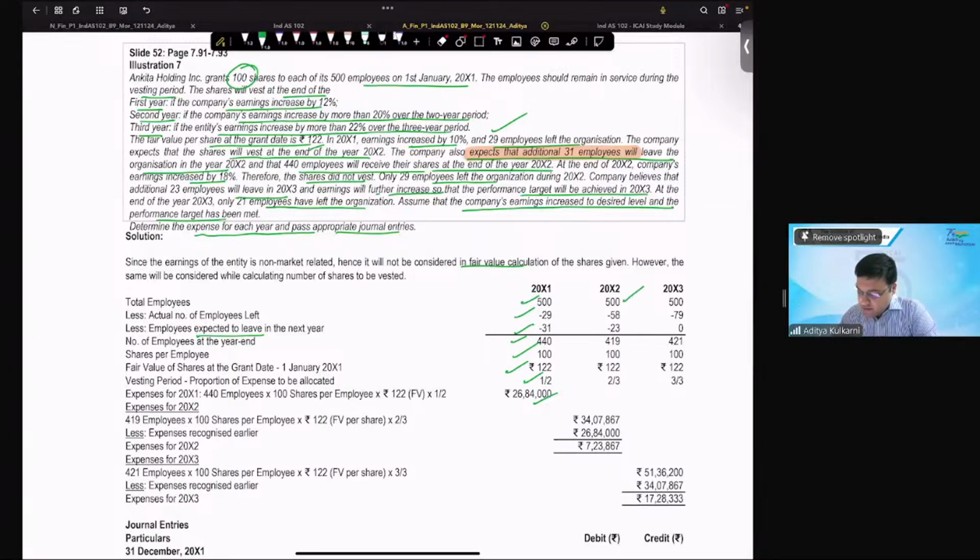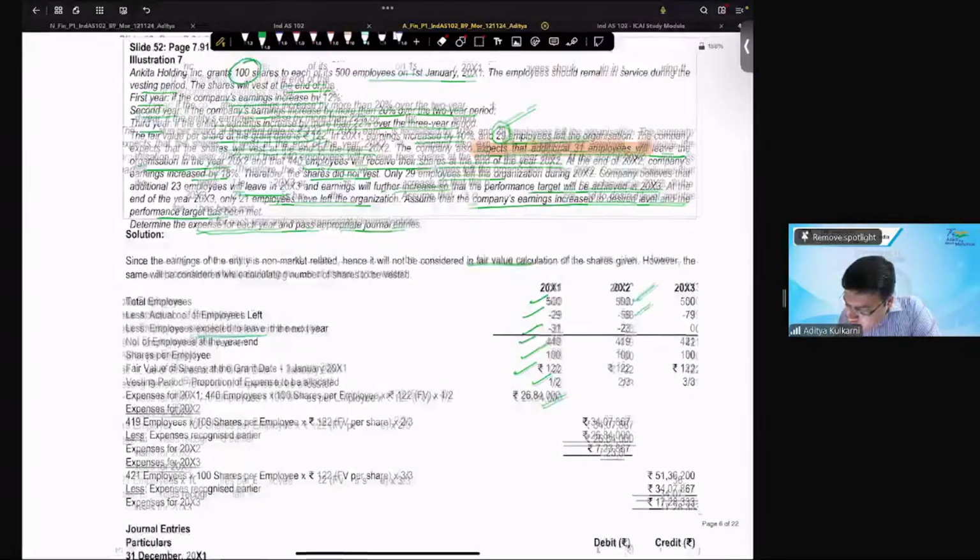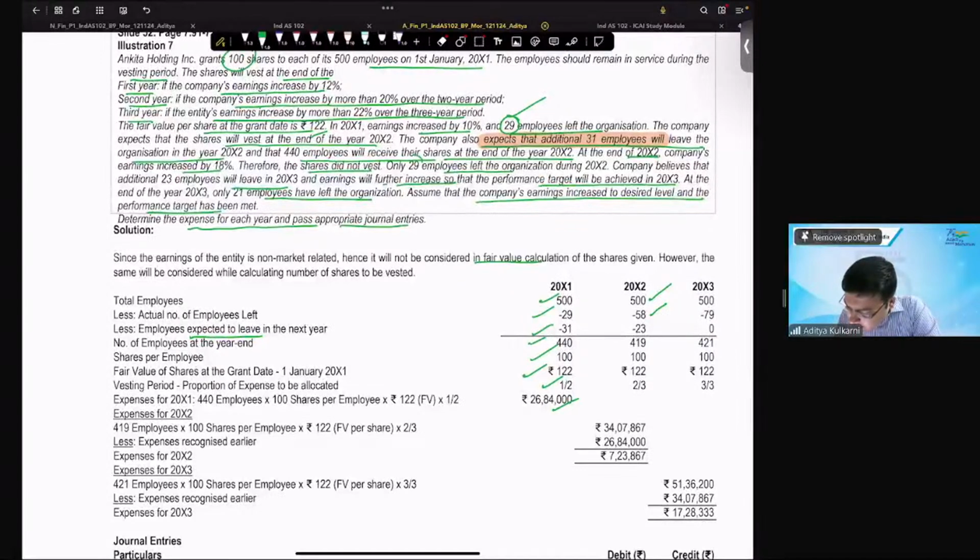500 employees minus 58. How do I get this 58? This 58 is 29 employees who already left in year 1, and at the end of 20X2 another 29 left. So totally how many left? 58.